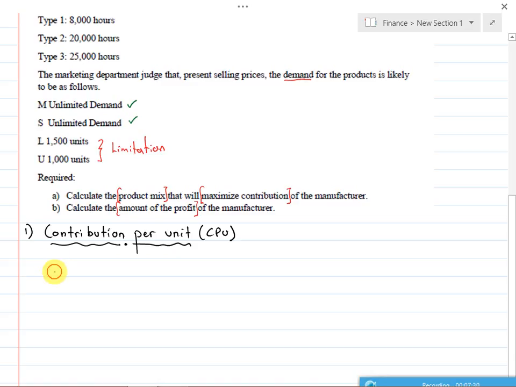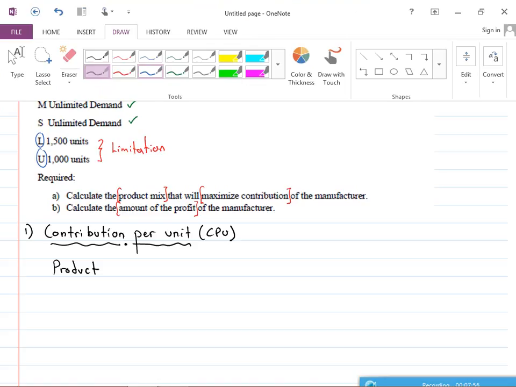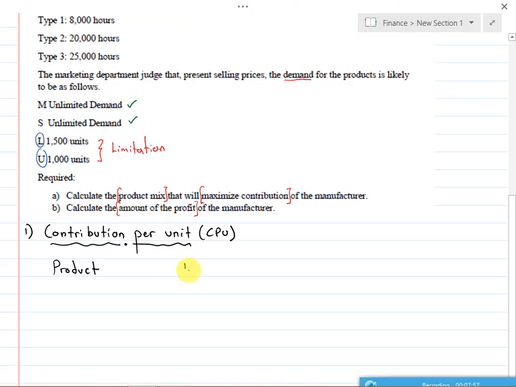You have products, but we only find the contribution per unit for the products that have a limitation. My question is, which products? L and U, these two products only. So over here it is going to be L and U.